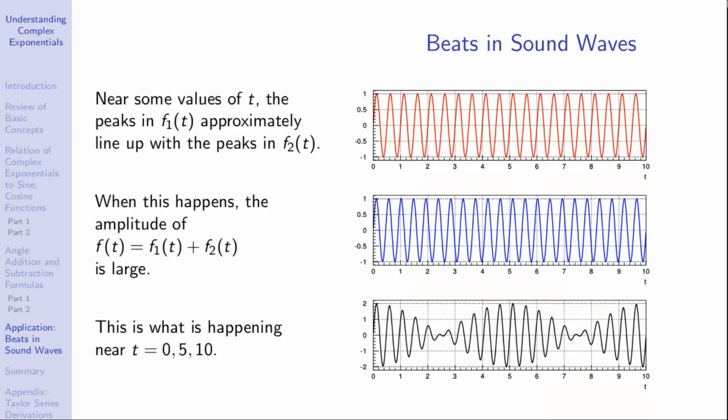Now, near some values of t, the peaks in f1 of t approximately line up with the peaks in f2 of t. When this happens, the amplitude of f of t, which is their sum, is large. This is what is happening near the points t equals 0, t equals 5, and t equals 10.